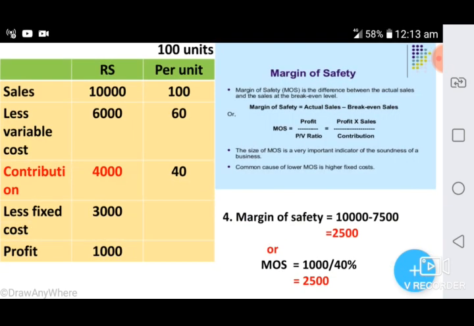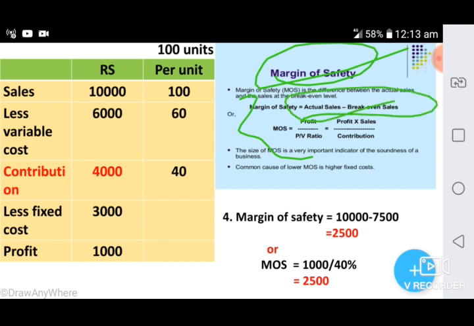The next one, margin of safety. It can be calculated with these two formulas. First one, margin of safety equals actual sales minus BEP sales. Here actual sales is 10,000 minus break-even sales, which we already found out as 7,500.